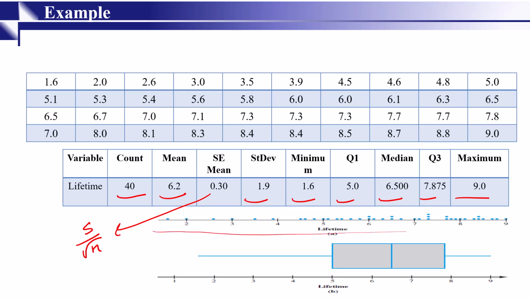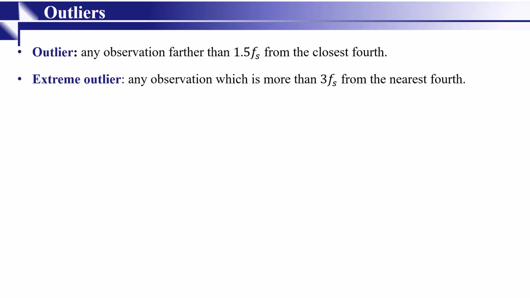You can see here, most of the data are here, and these are considered somehow outliers. Both plots indicate that there is a reasonable amount of symmetry in the middle 50% of the data, but overall values stretch out more toward the low end than toward the high end. It means we have a negative skew. The box itself is not very narrow, indicating a fair amount of variability in the middle half of the data.